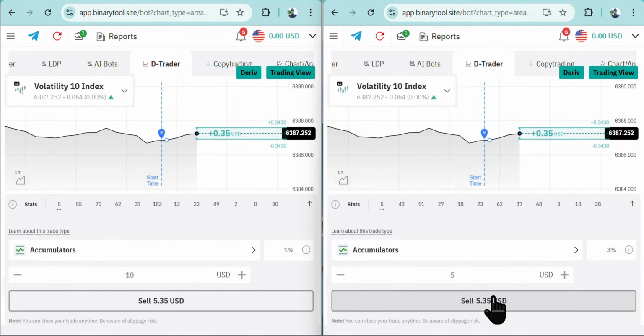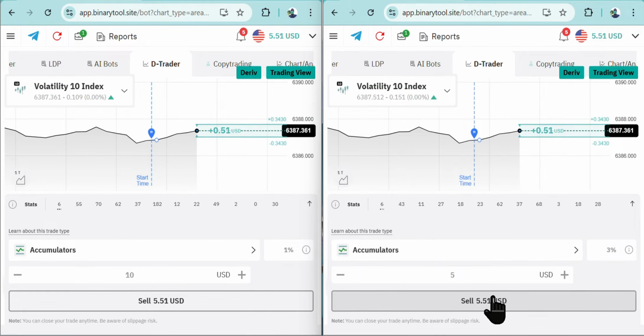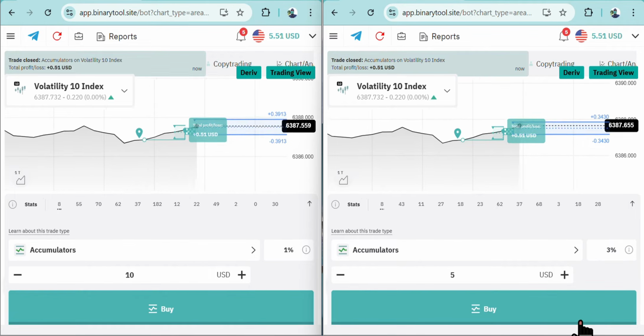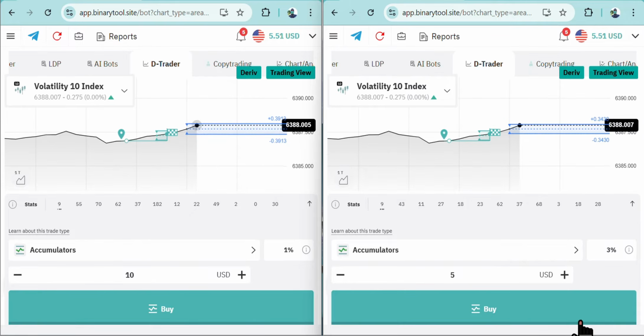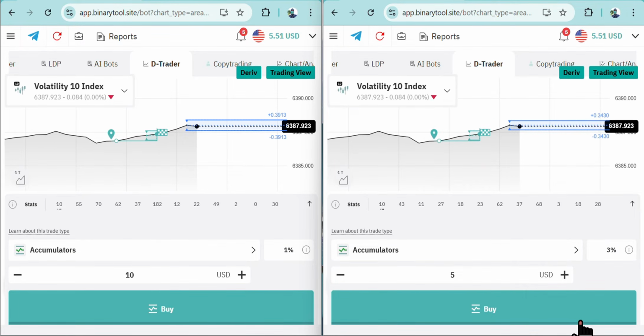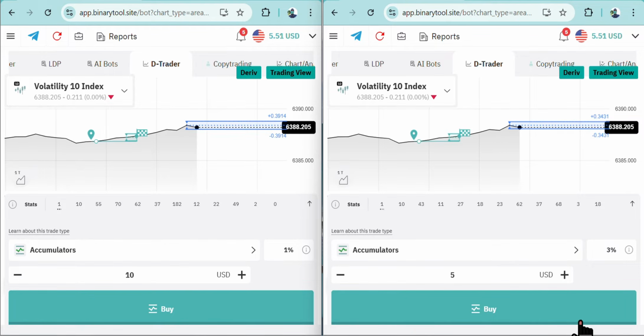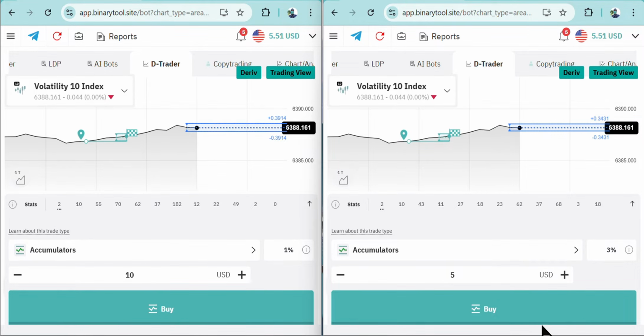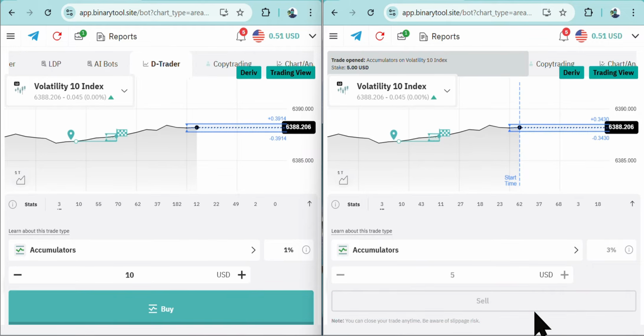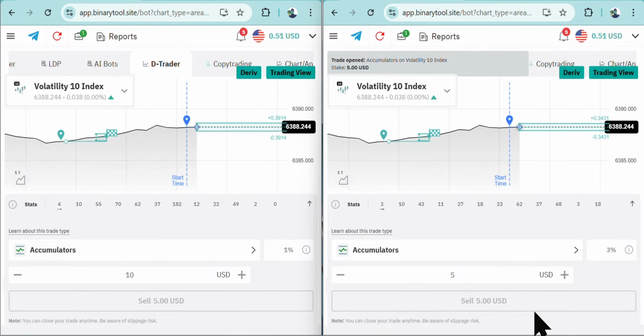So let's sell. Don't wait for it to go for a long time.